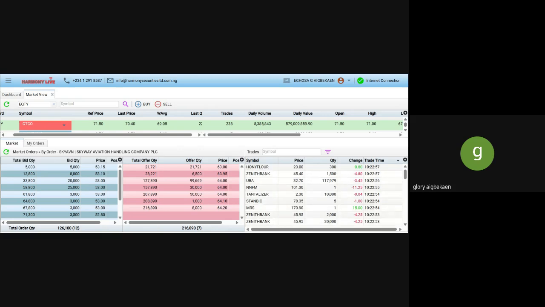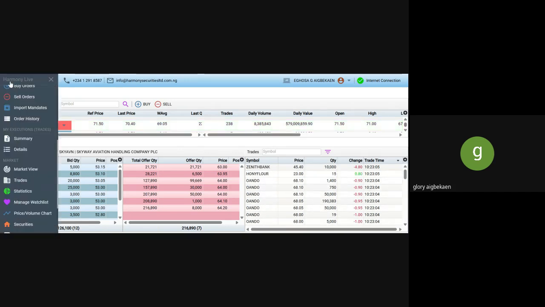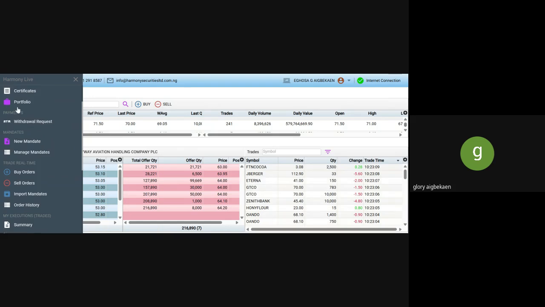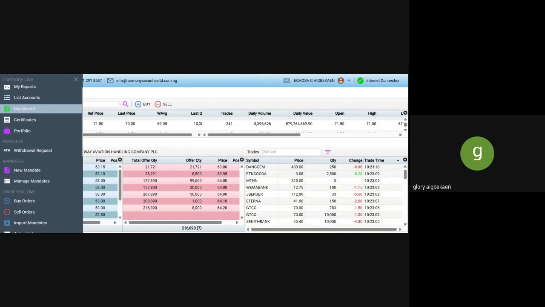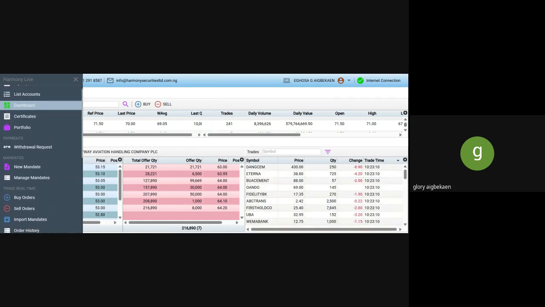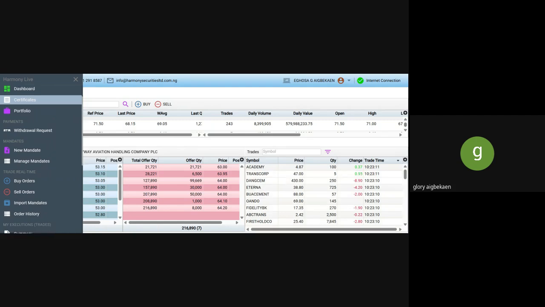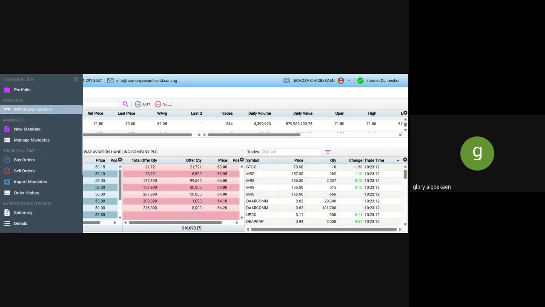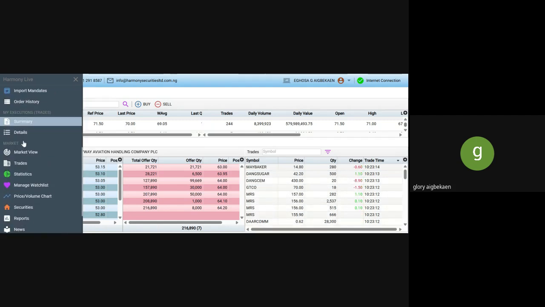Assuming you are on this market view page, because where you buy is the market view. You don't buy in any other module of the main menu. There are several modules there: my report, list, dashboard, certificate, portfolio, withdrawal requests. But the module we buy from is market view. That's where we are now.